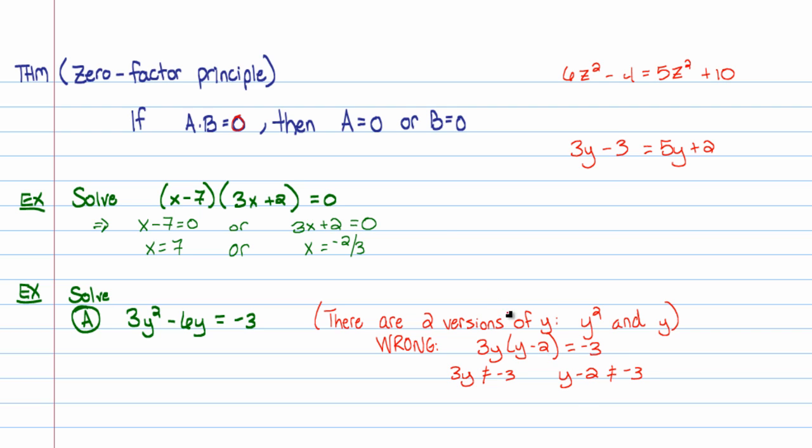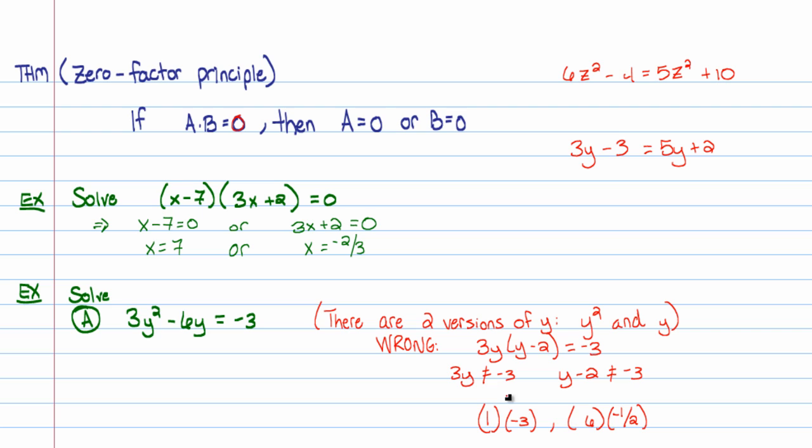It's because we're not using the zero factor principle. There's a lot of ways two numbers can multiply to become negative 3. For example, 1 times negative 3, okay, that works. Or how about this? 6 times negative 1/2.